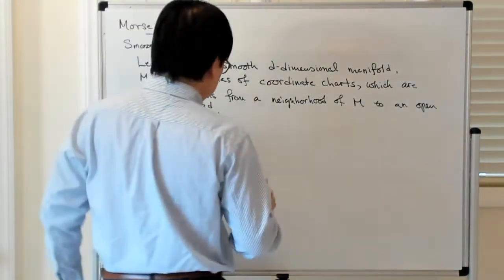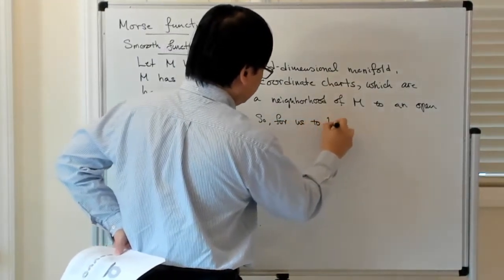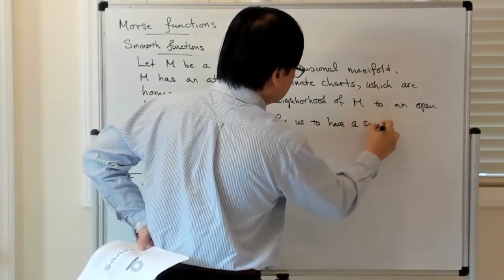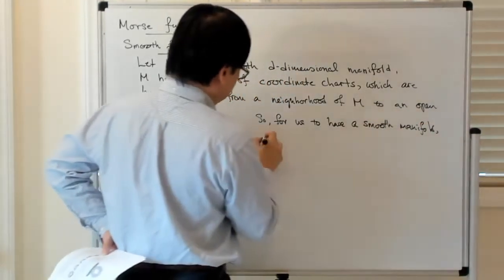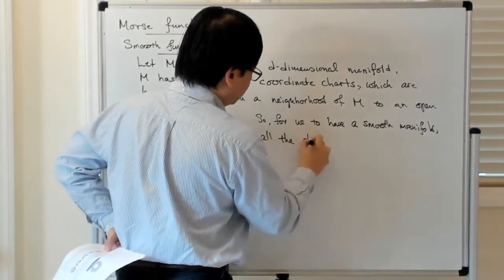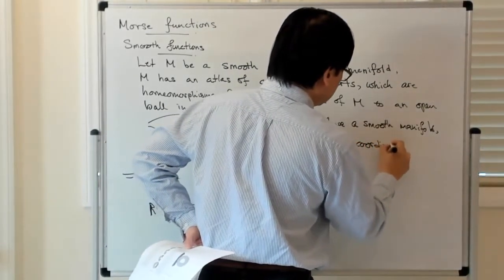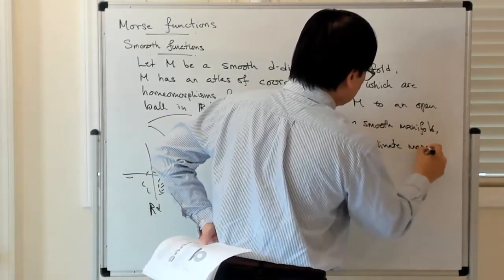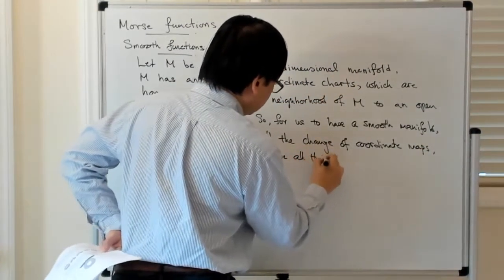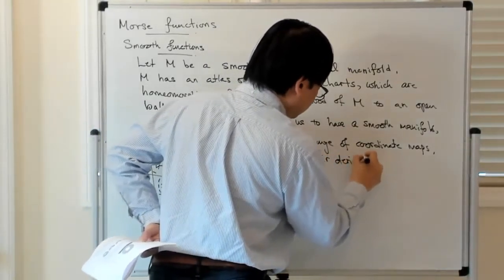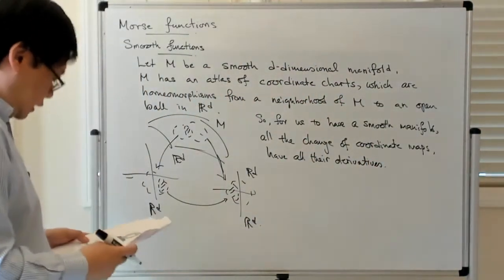So for us to have a smooth manifold, all the change of coordinate maps have all their derivatives exist, and that's technically what one means by smooth.